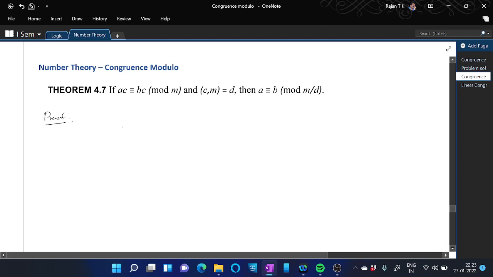The theorem is telling that if AC is congruent to BC mod M and GCD of C and M is D, then we have to prove A is congruent to B mod M by D, M by GCD of C and M. Since AC is congruent to BC mod M, M divides AC minus BC. That is M divides C into A minus B.